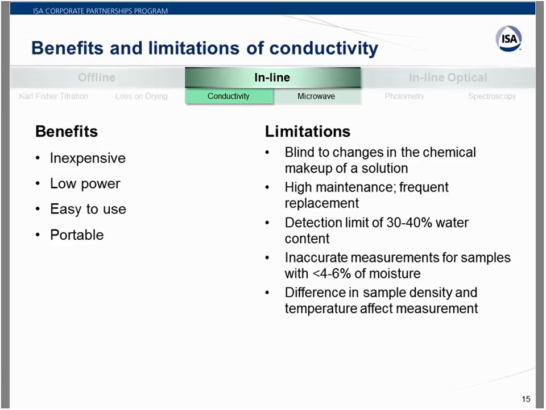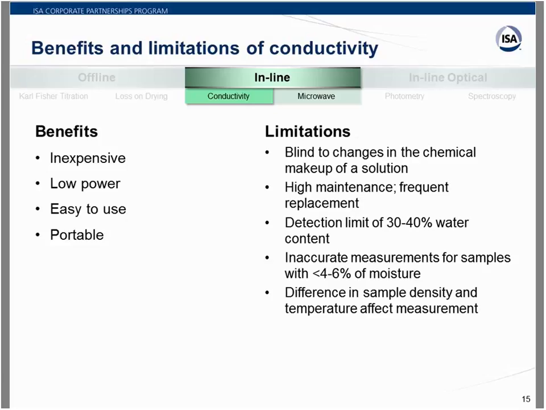Limitations: the conductivity is blind to changes in the chemical makeup of the solution or the background matrix of the product. High maintenance: the probe requires frequent replacement. The probes are several $100s a piece, and you've got to run a standard on them and then replace it if the probe doesn't meet the consideration.